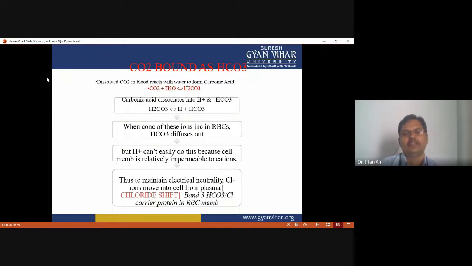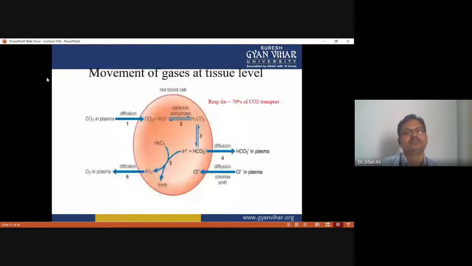That's why the band 3 bicarbonate and chloride ion carrier protein is found in the RBC membrane. And this figure shows how the chloride shift takes place. This is the red blood cell, where carbon dioxide diffuses into the RBC and converts into carbonic acid by the action of carbonic anhydrase.